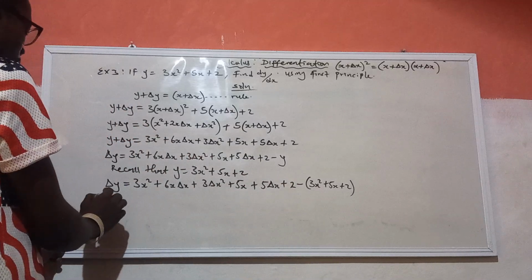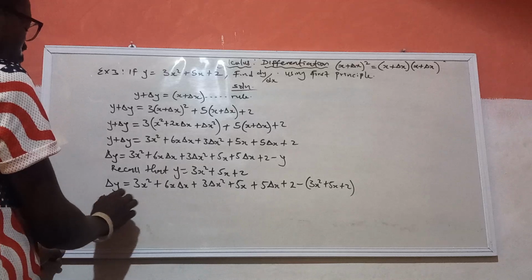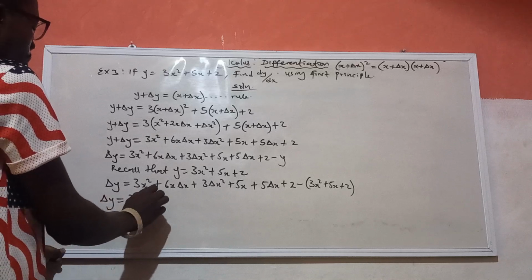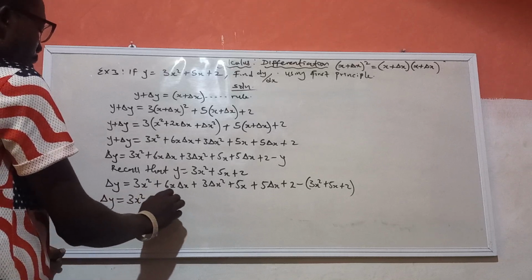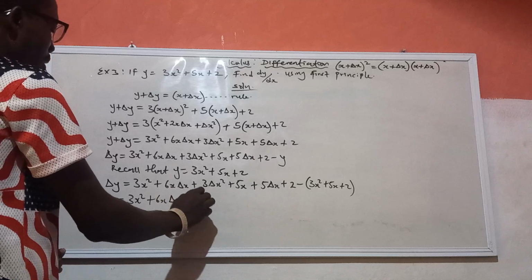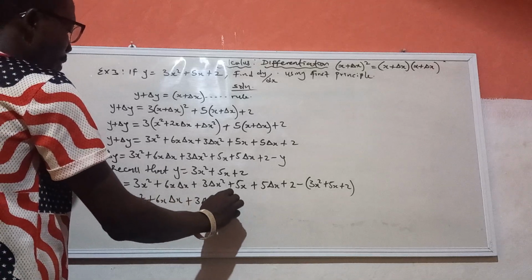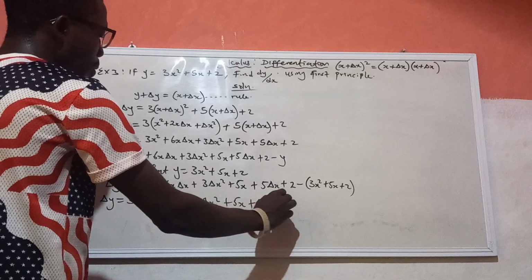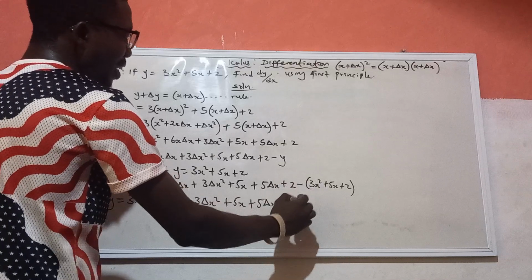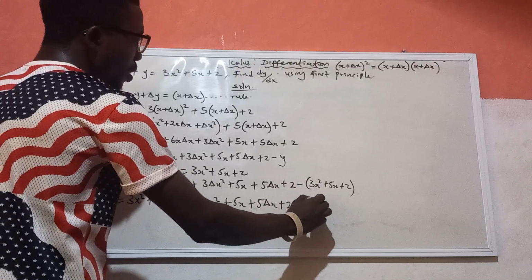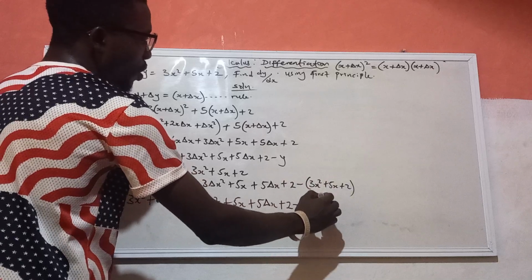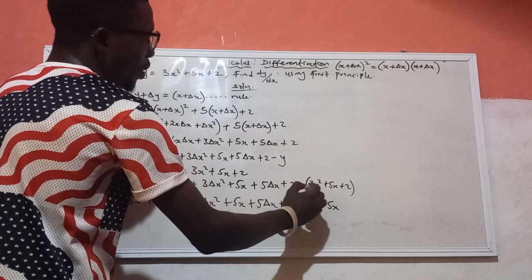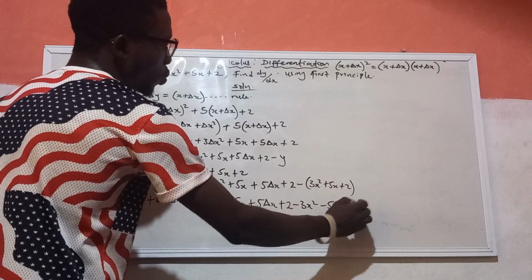So I will now have change in y equals 3x squared plus 6x change in x plus 3 change in x squared plus 5x plus 5 change in x plus 2, minus times 3x squared gives minus 3x squared, minus times 5x gives minus 5x, minus times plus 2 gives minus 2.